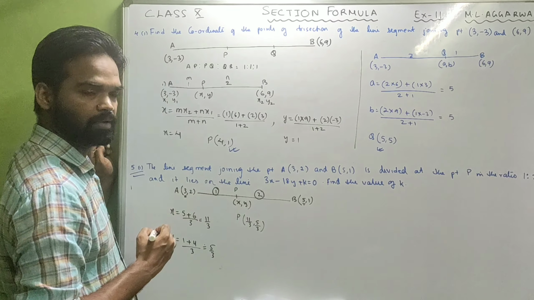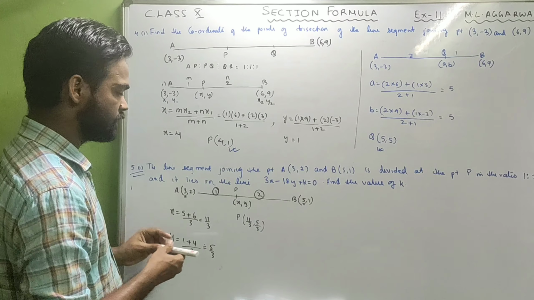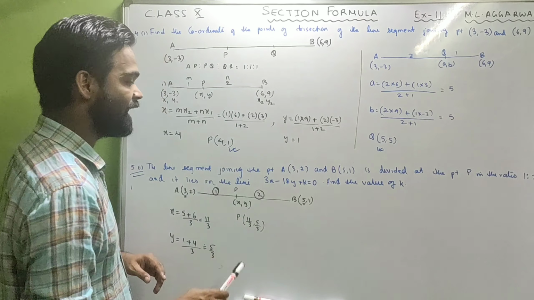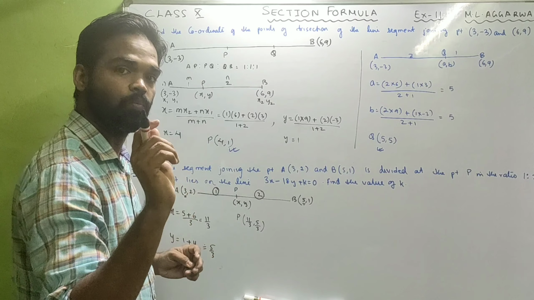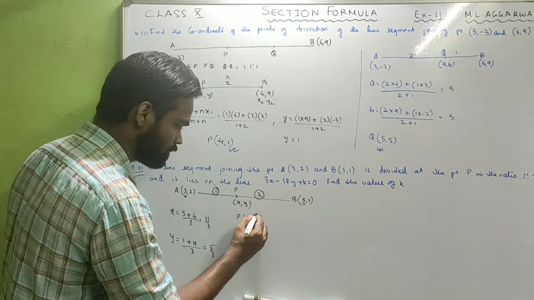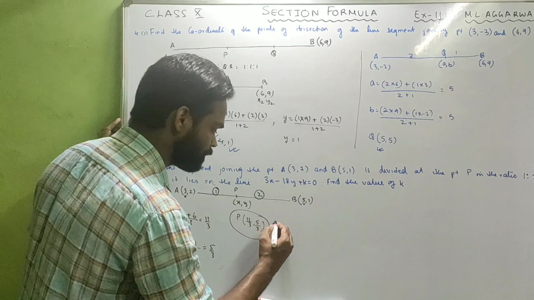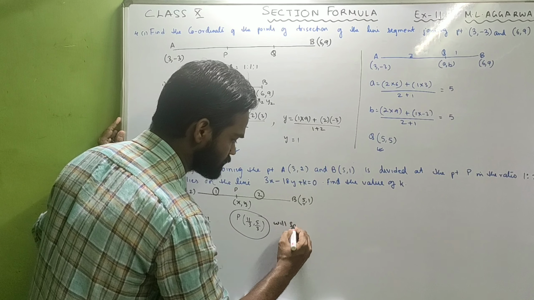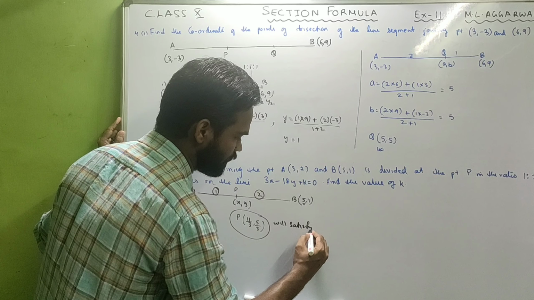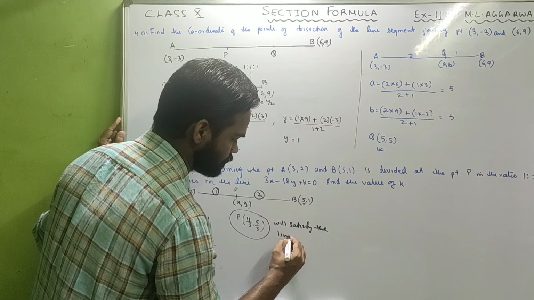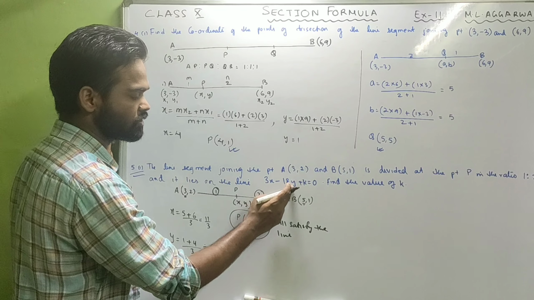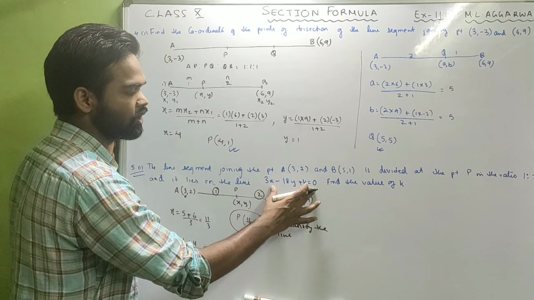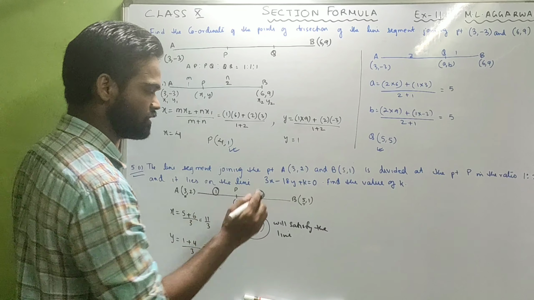Done. Now what they have told, this point P lies on the line 3x minus 18y plus k equals 0, which means this point will satisfy the line. When we put 11 by 3 instead of x and 5 by 3 instead of y, this equation should be satisfied.